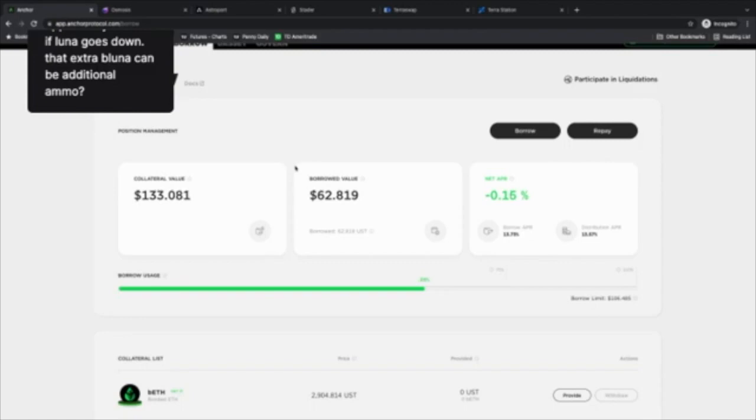It varies. One of the things you can do is use a Telegram bot called ArbiBot, A-R-B-I-E-B-O-T. You can look them up on Twitter, and you can run that on Telegram, and it will alert you when the ARB rate is better than a 2% discount. So that's how you can sort that out.